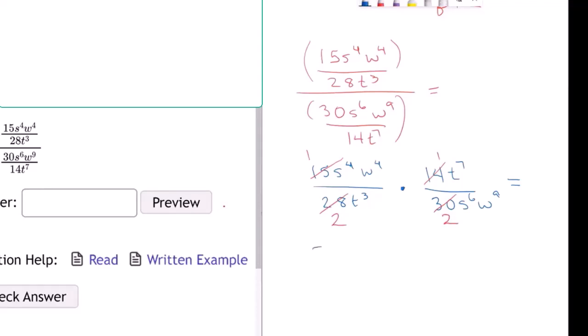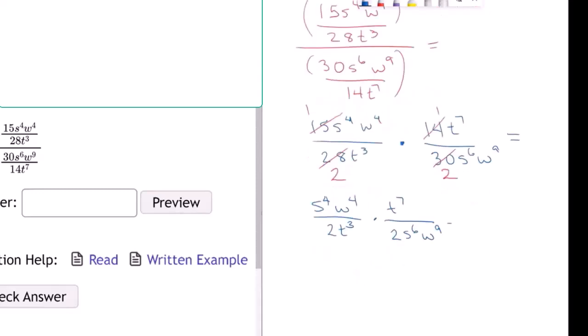I have s to the 4th, w to the 4th, divided by 2t to the 3rd, times t to the 7th, divided by 2s to the 6th, w to the 9th. I'm doing this for you. If you don't need to do this, you don't have to. I'm going to take all the like terms and put them together. This is 1 over 2 times 2, which gives me 4.